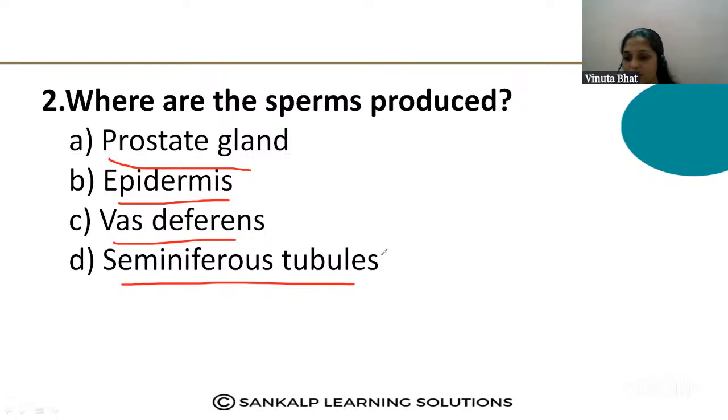Yes, Kantaraju, option D. Very good. Seminiferous tubule. Where are the sperms produced? They are produced at the seminiferous tubules. Yes, option D is the correct answer.